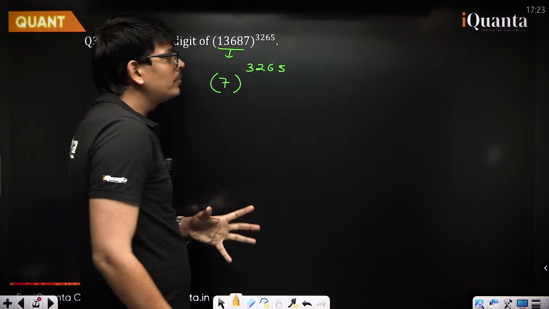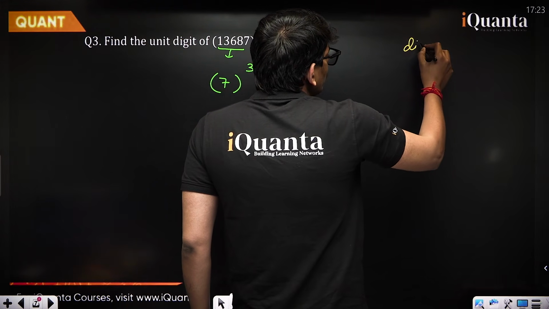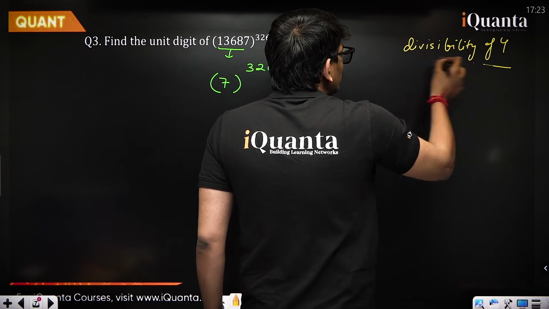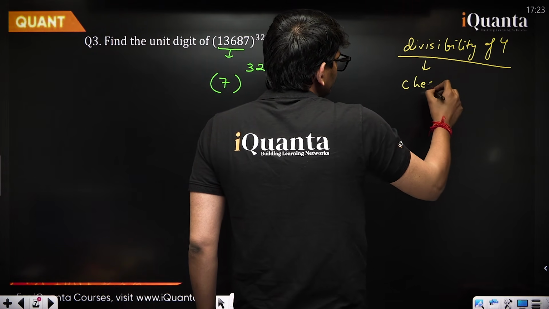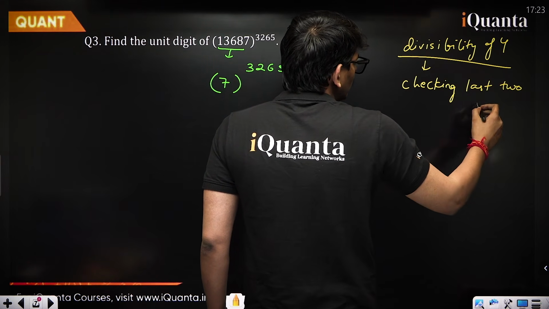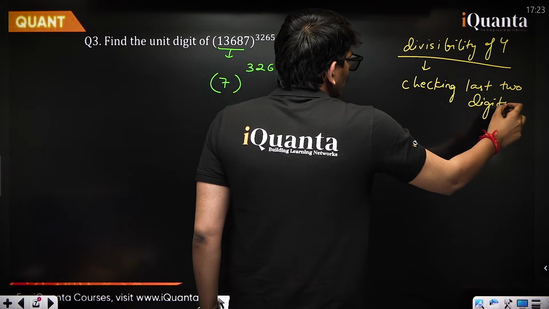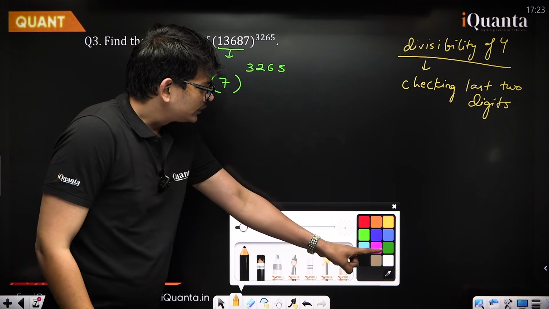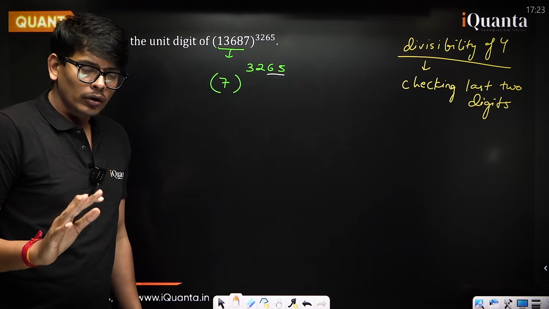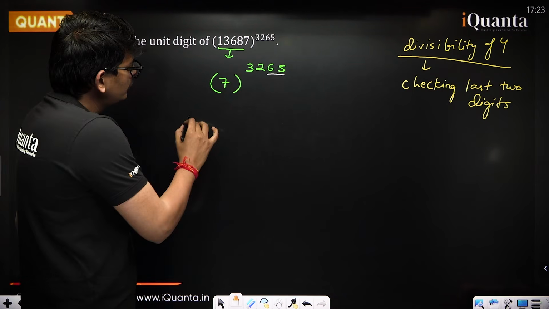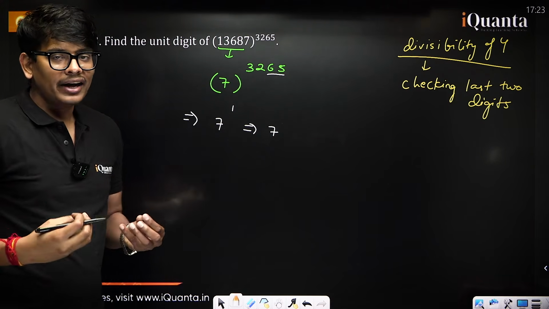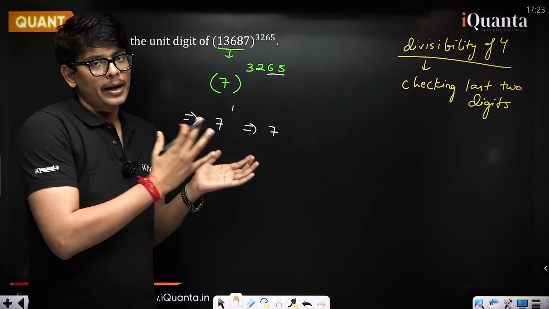And you guys remember the divisibility property of 4 is checking the last 2 digits. Last 2 digits 65. 65 is not divisible by 4 because 1 is the remainder. So 7 raised to the power 1, answer is 7. Within 5-10 seconds, you can solve such types of problems.